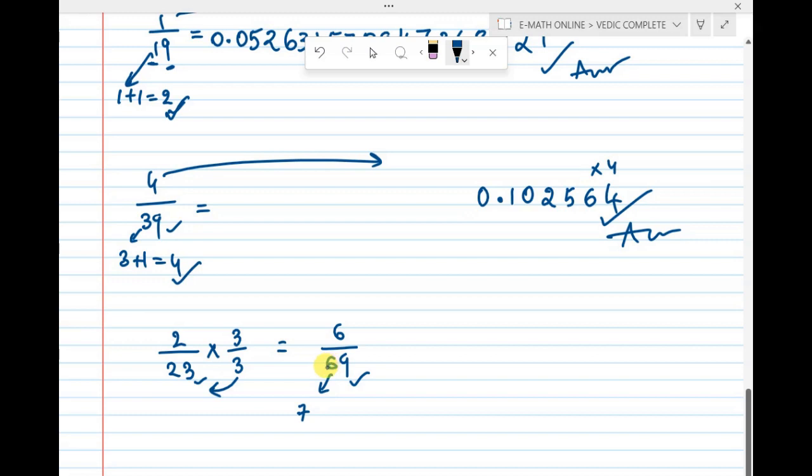Ekadikena means 1 more than 6 will be 7. So every time you have to multiply with 7. Okay, let us do a simple example. Just change the number, take 1 by 34.